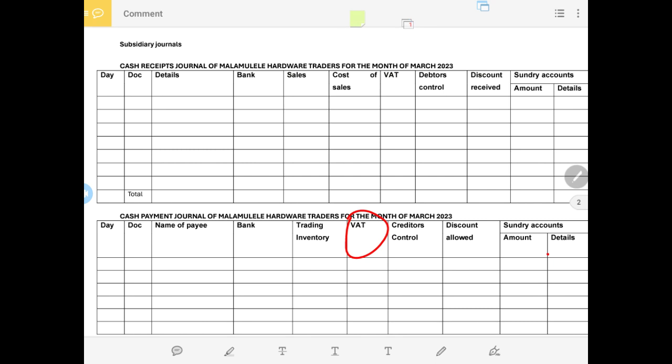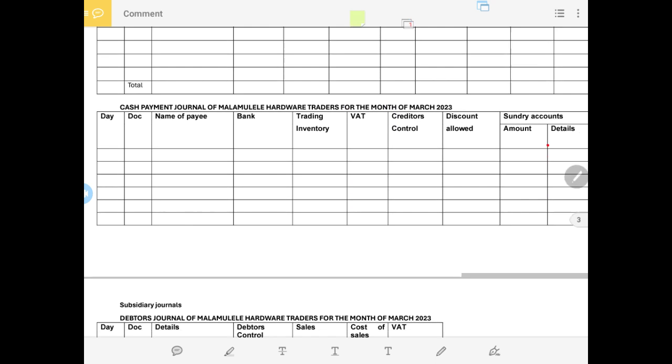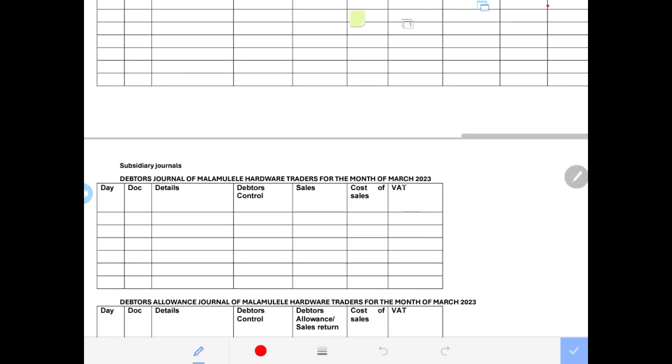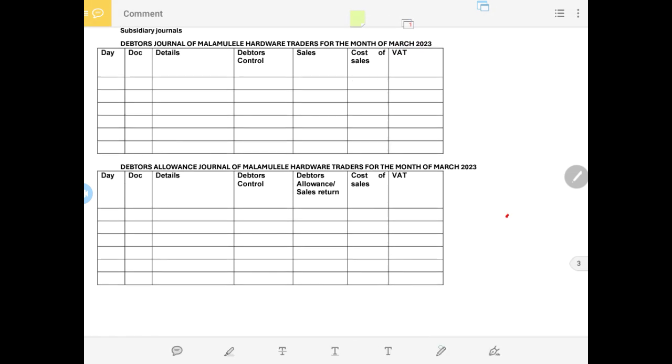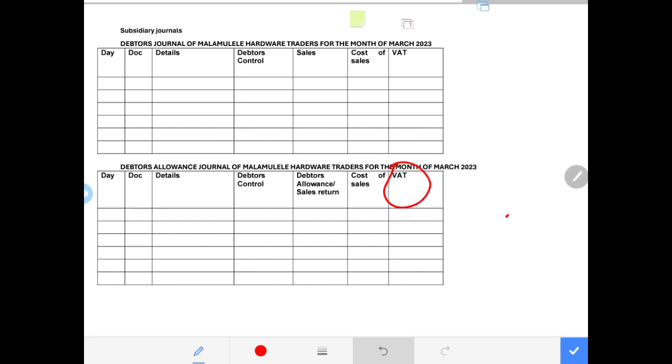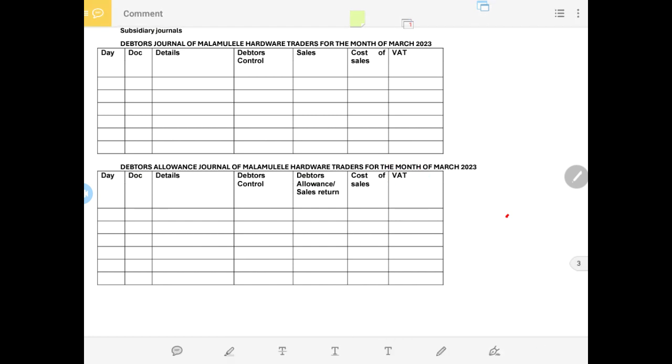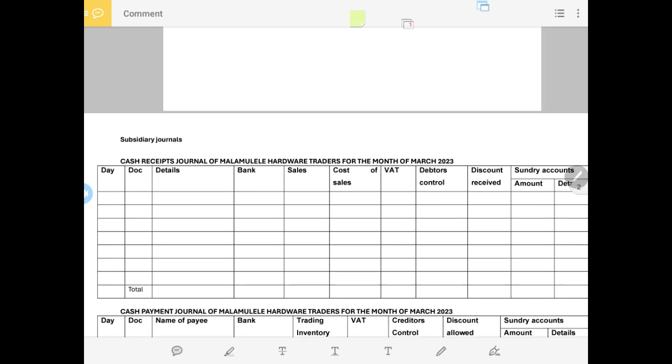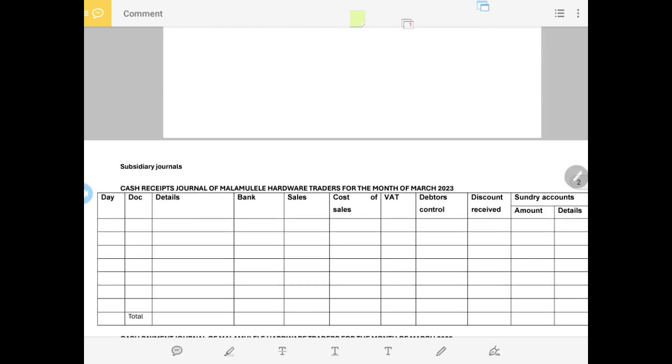There we do have a VAT column in all of them where applicable. We do have VAT, others are input VAT, and others are output VAT. VAT as an asset or VAT as a liability, that's a story for another day.